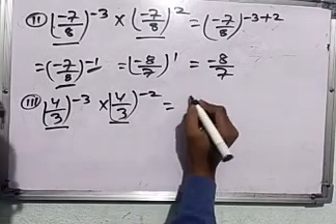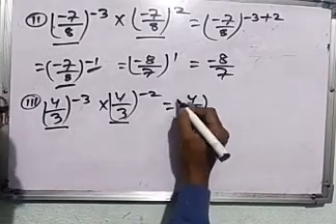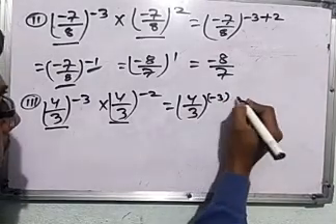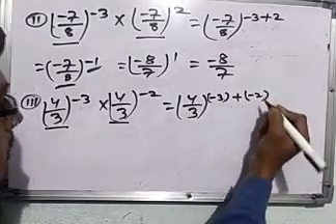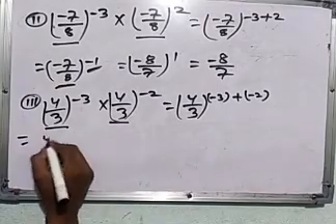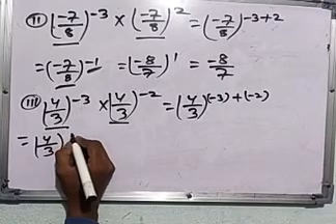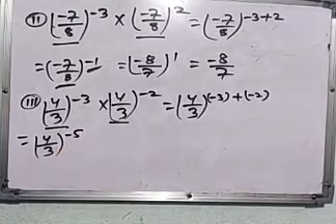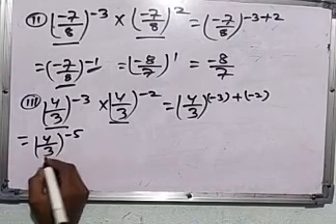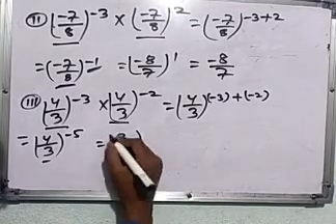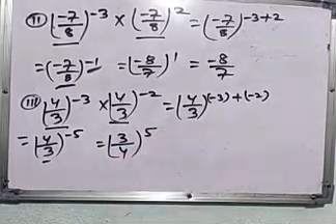So you write base 4 by 3 and add the powers minus 3 plus minus 2. So we get 4 by 3 power minus 5. So if the power or exponent is minus, the number is inverse. So you write 3 by 4 power 5.